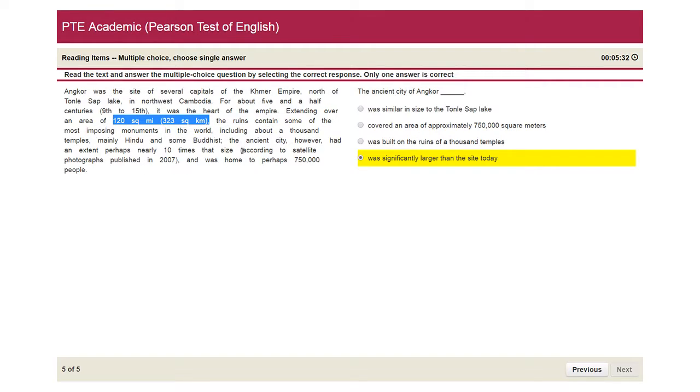It is talking about how, according to satellite photographs published in 2007, it had 10 times more size than what is mentioned currently in the paragraph. So this option suits the answer rather than the other one, because that one is totally wrong. It looked like it was there, but from what we see, Angkor was the ruins itself rather than built on ruins. So this should definitely be correct, because it was mentioned in the paragraph that it was nearly 10 times the size. Thank you for watching.